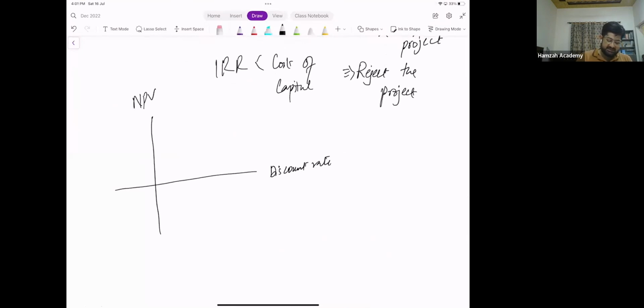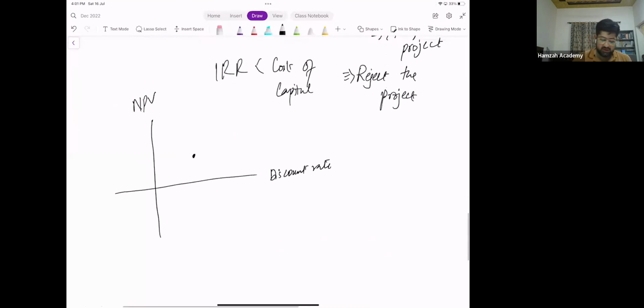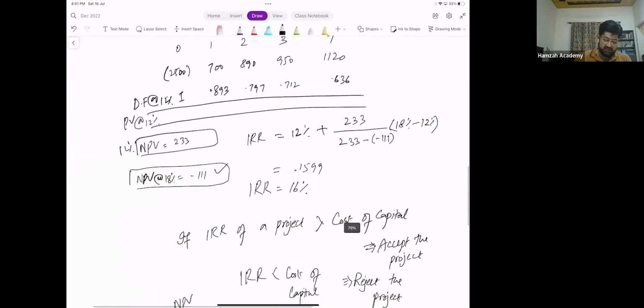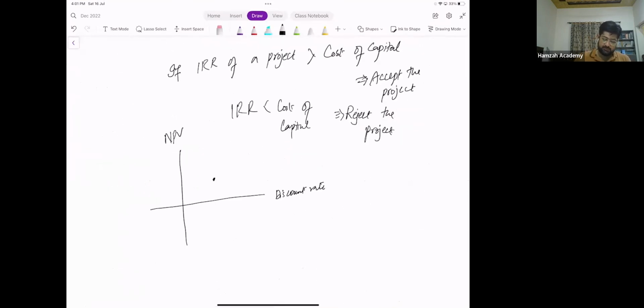At 12%, it was something positive, that is 233. Then at 18%, it was 111, negative. And if we join both points, here is NPV 0. This is IRR.